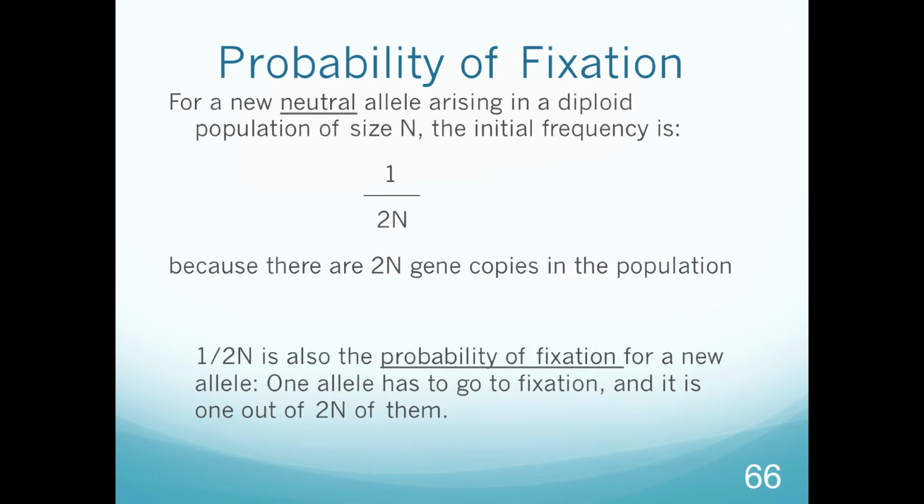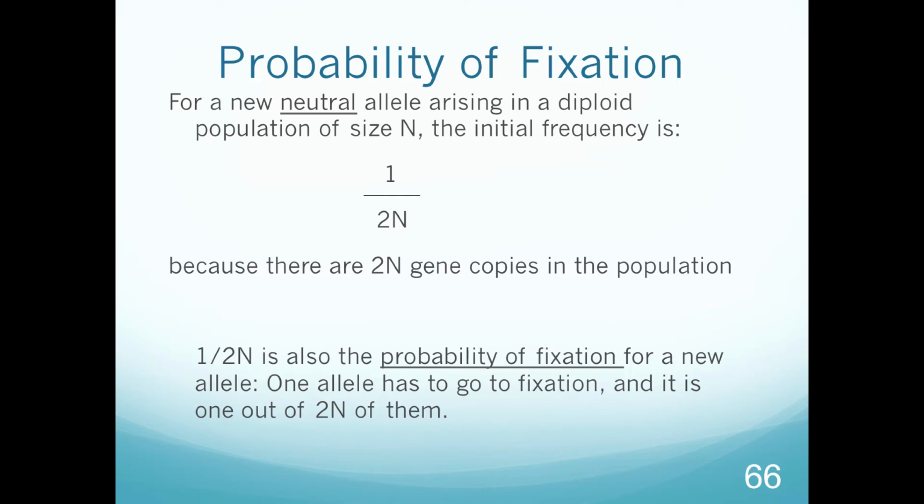So for a new neutral allele arising in a diploid population of size n, the initial frequency, as we stated at the beginning of the lecture, is 1 over 2n, because there are 2n gene copies in the population. But remember that one allele is always going to go to fixation in a population.